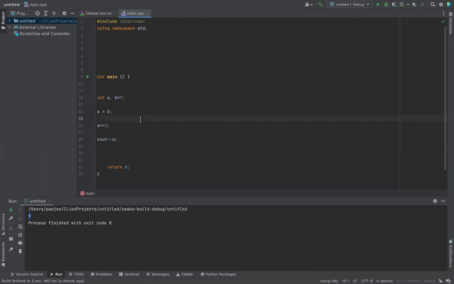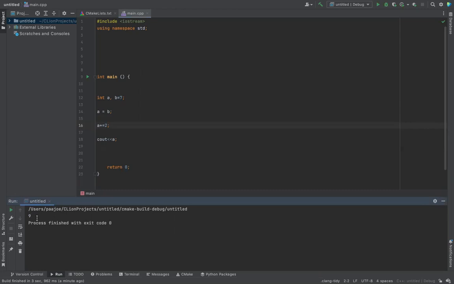Then I came to my next line and I said A plus is equal to 2. The answer given us here is 9. And when we do our basic arithmetic, we will know that 7 plus 2 is 9.